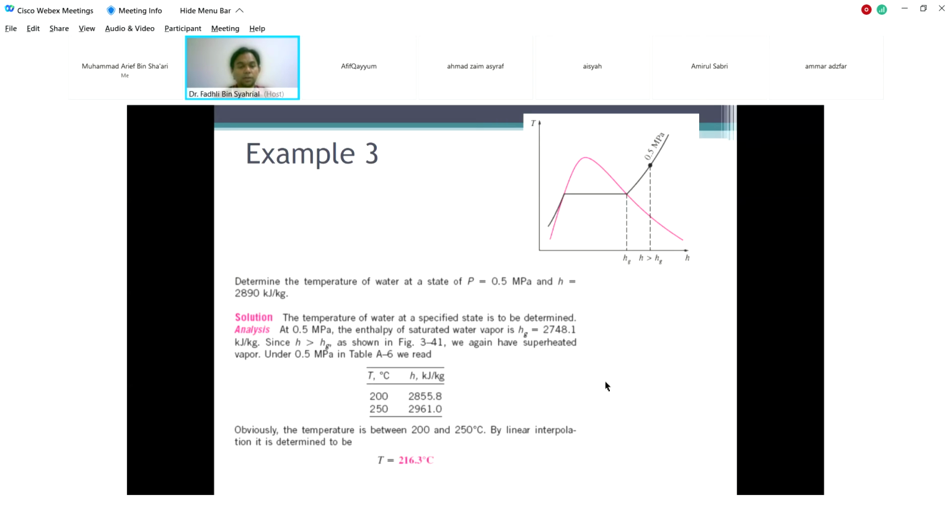Okay, so list down: P is 0.5, enthalpy is 2890 kilojoule per kilogram. How about phase? The phase is not given here, so we are given only 0.5 and 2890.